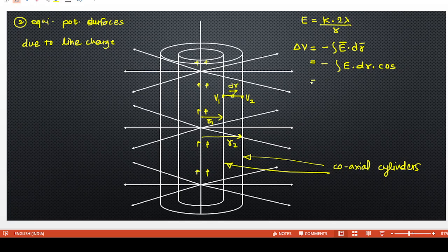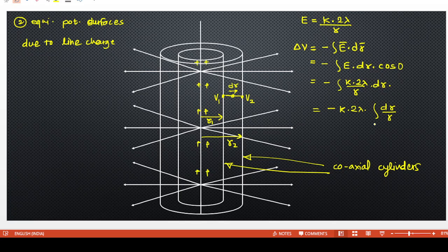So what we can do is, we can write magnitude of electric field as K 2 lambda upon r, then magnitude of displacement dr, both of them are rightward, so cos of angle between them can be written as 0. So cos 0 is no need to write. This minus as it is, K 2 lambda outside integration. Inside integration we have dr upon r.